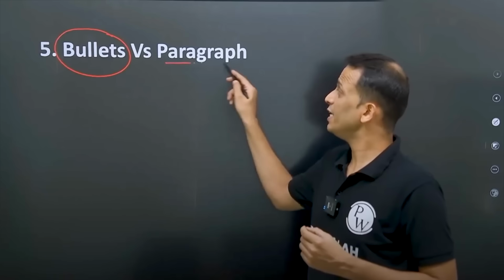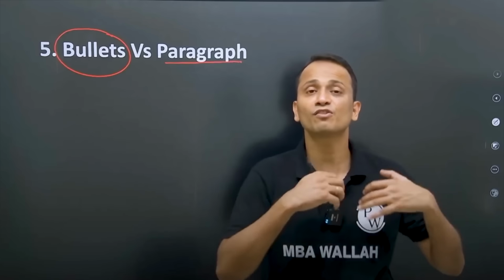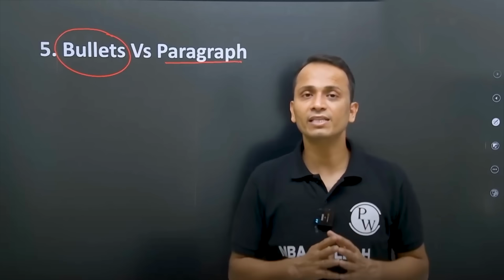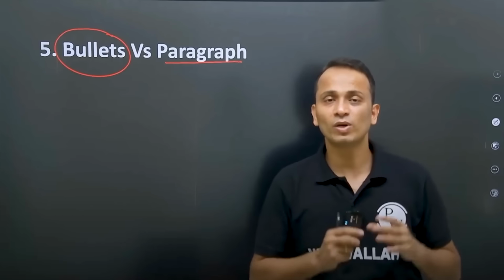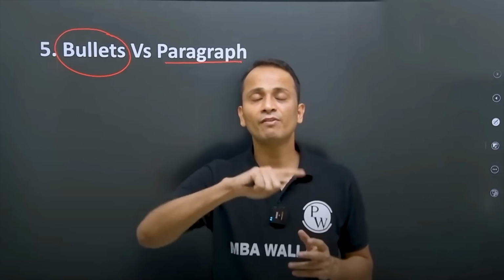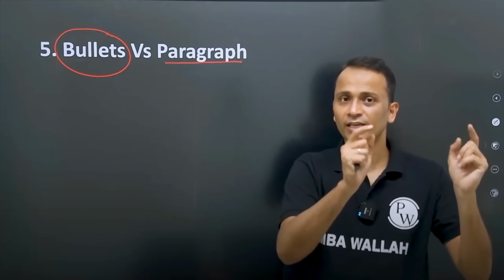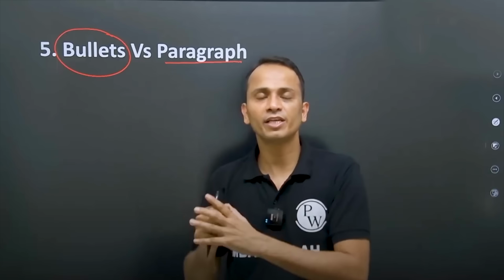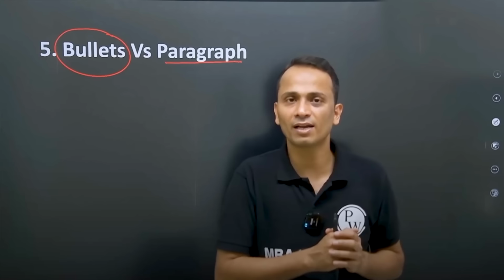Because when the data is in the form of a paragraph, we sometimes get fumbled while reading these statements. Once we have read one condition, let's say I insert the information in the table, then I go back to the paragraph.